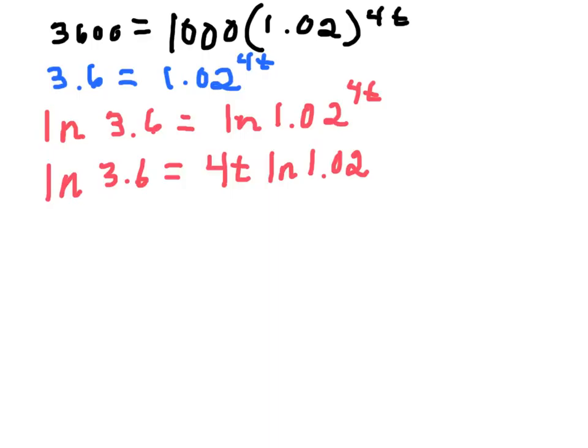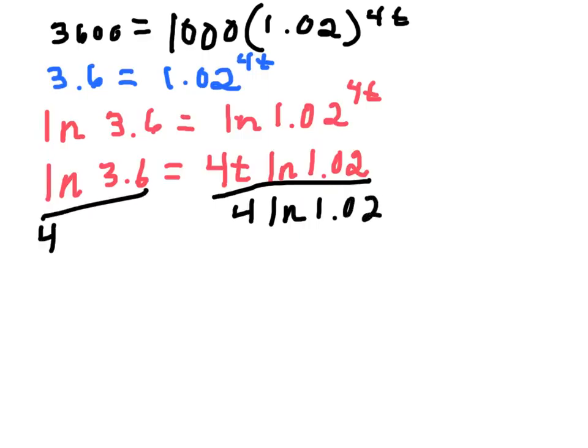Okay, we're getting really close, because all you want to do is isolate the t. So divide both sides by 4 times the natural log of 1.02. And you'll certainly want your calculator.